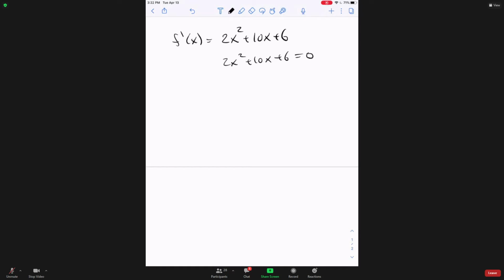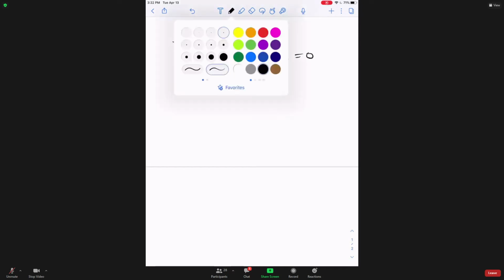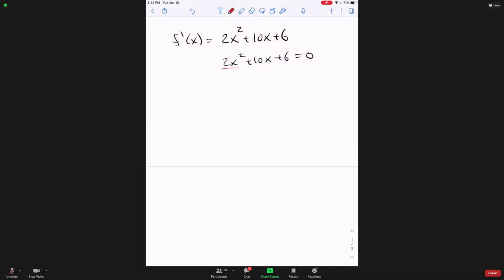Now, because the greatest common factor is just a 2, you can just divide both sides by 2. You could factor it out, but it's just 2, so the 2 hanging out on the outside won't do anything. So you could divide it out and just get x squared plus 5x plus, oh sorry, this was supposed to be a 12.